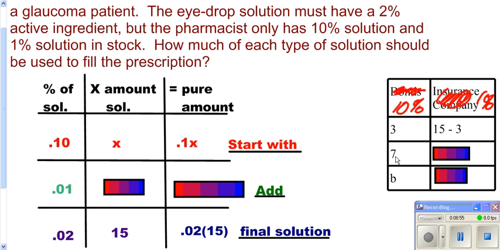Or if you started out with 7 from the 10%, that would then leave you with 8 over here, because we got to end up with our 15. Well, how do you get that 8? It's 15 minus your 7. So if we started out with B, or in the context of this problem, it would be x, and you get 15 minus x for your 1%. So then 2 of the 3 boxes, you multiply across.